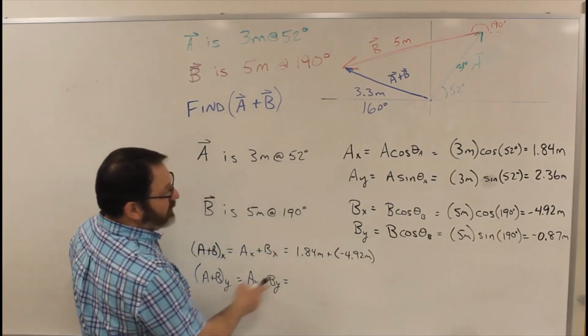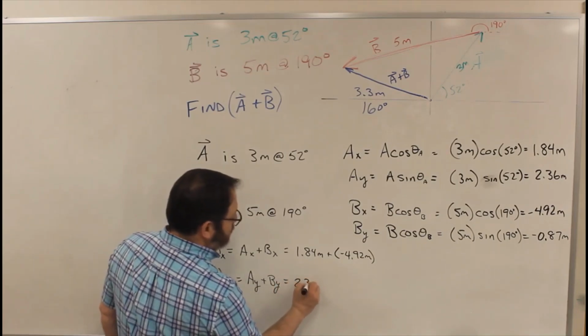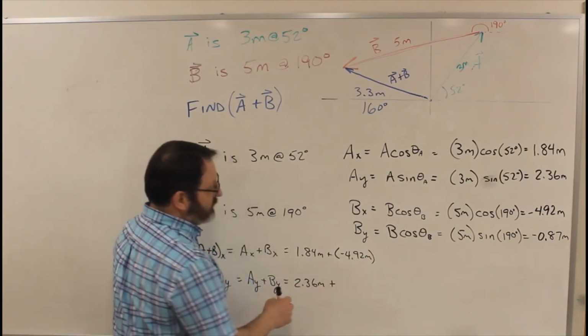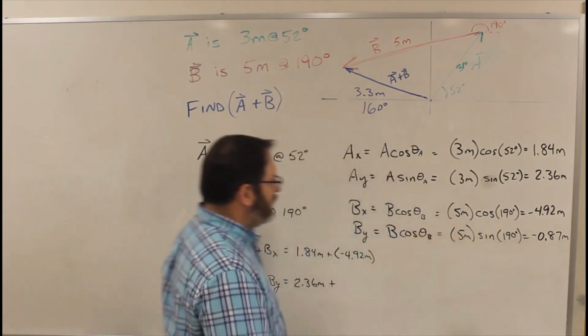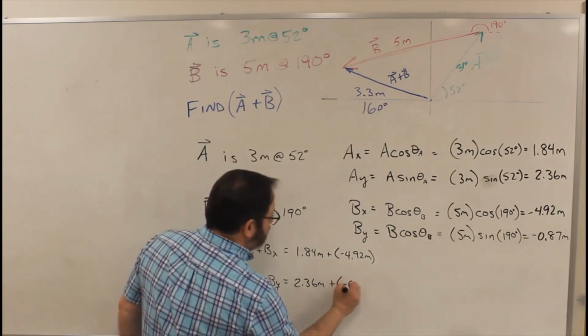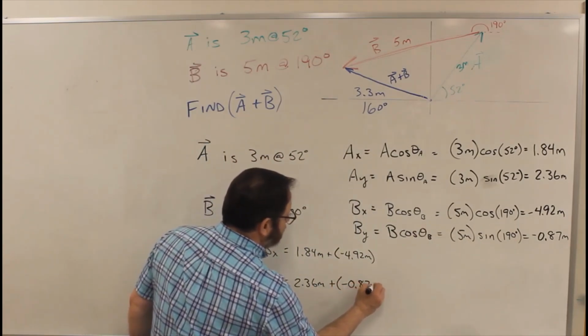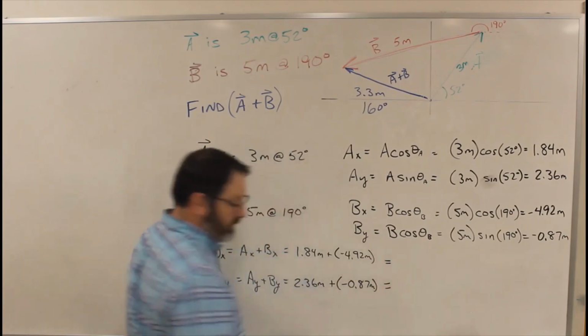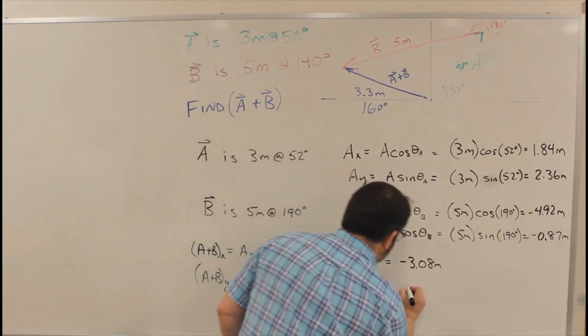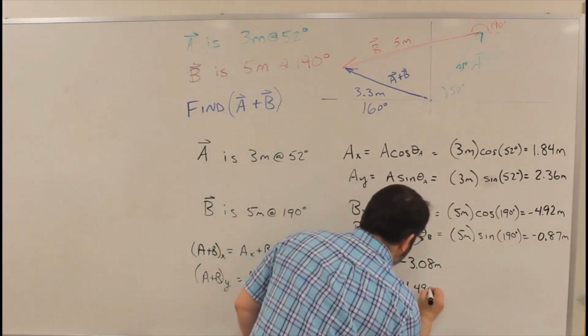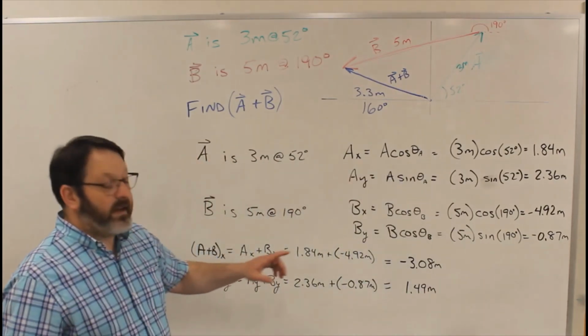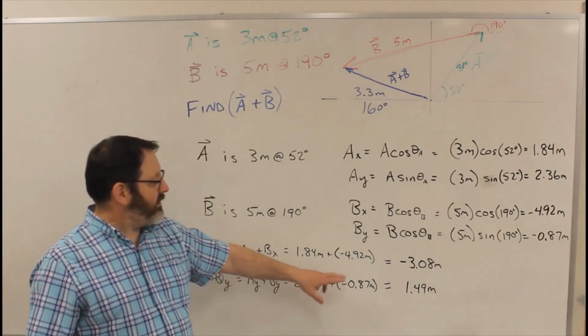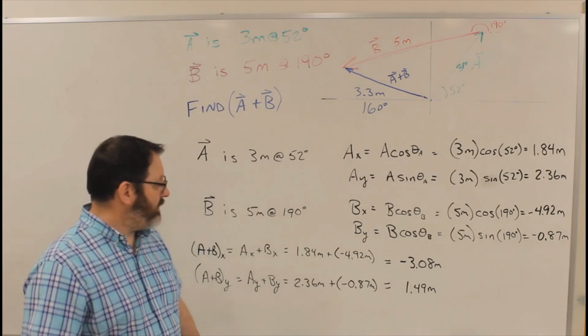And for the Y components, AY 2.36 meters plus negative 0.87 meters. So that is negative 3.08 meters and 1.49 meters.